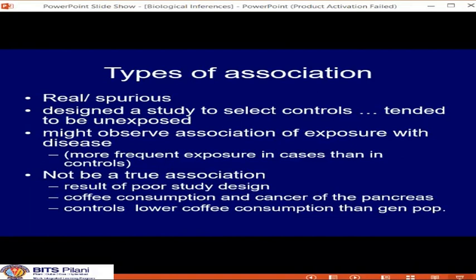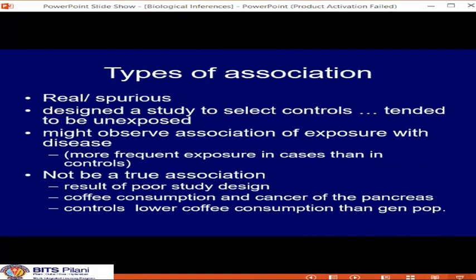And they found that the relative risk or odds ratio for coffee drinking was much higher in the people who had pancreatic cancer. But what they failed to notice was that among controls, people without pancreatic cancer, the amount of coffee drinking was far less than the general population. In other words, they were a group of people who hardly drank coffee. So coffee drinking appeared to show causality or a strong association with pancreatic cancer.